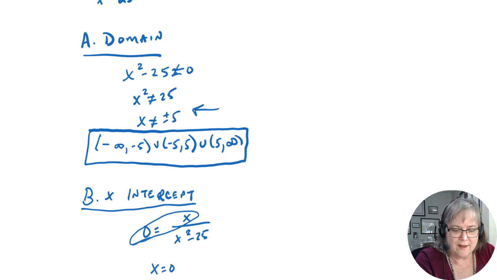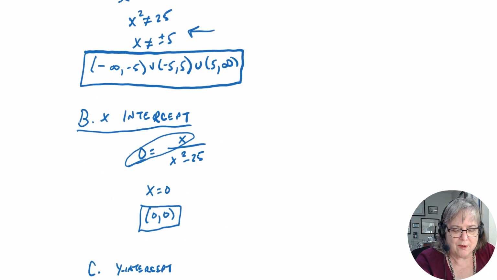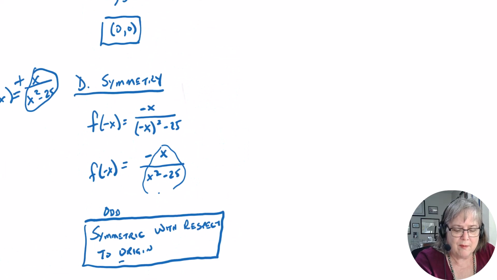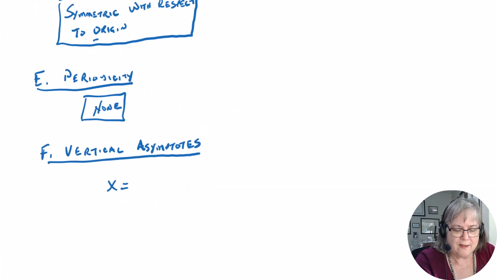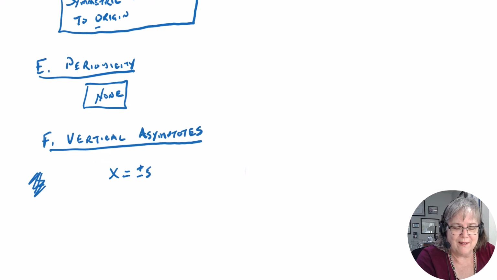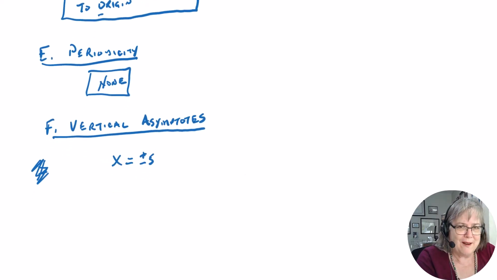See the not, x cannot be equal to plus or minus 5. And then you tell me all the other numbers. But down here, I'm asking you where the vertical asymptotes are. So they are at x is plus or minus 5. So there's not a not. So this would be incorrect because I want to know where they are, right? If you put the not in there, you're telling me where they're not at.